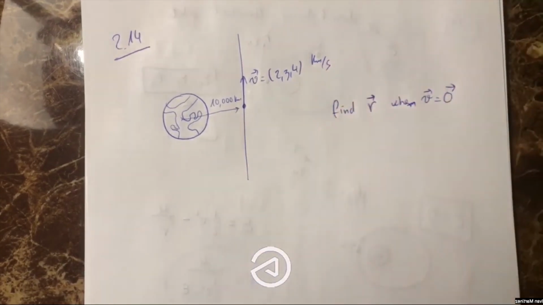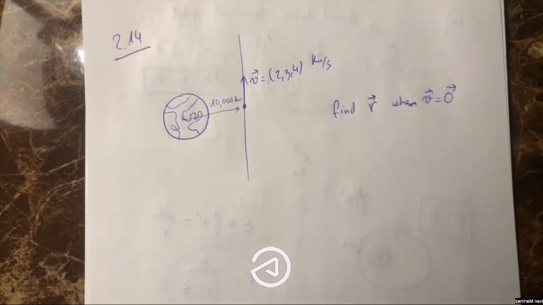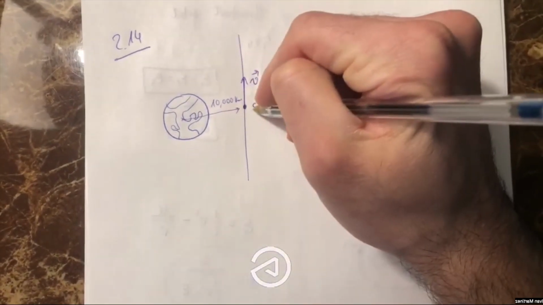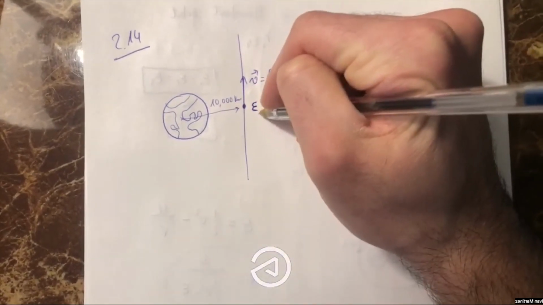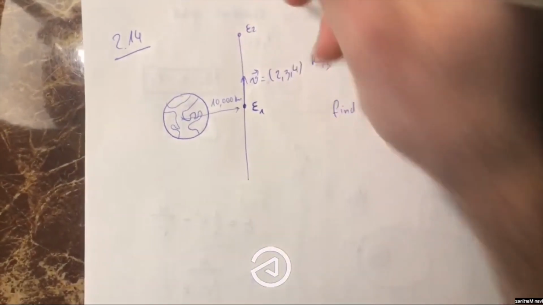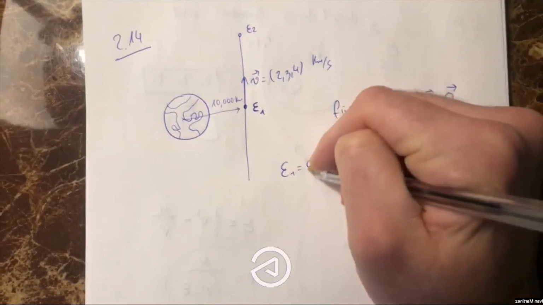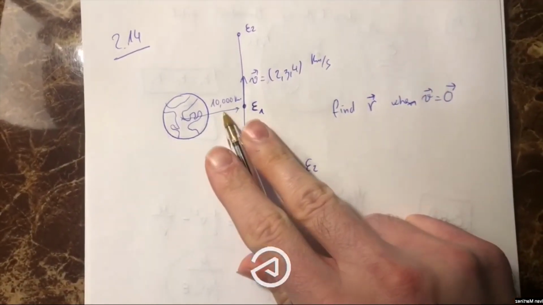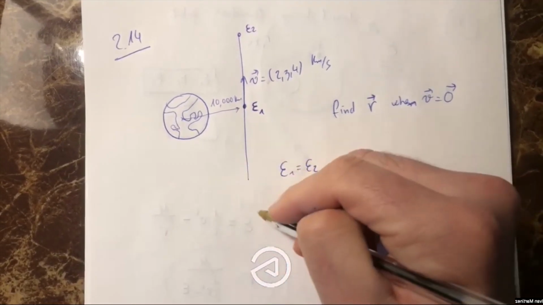What did I just say about the energy? If there's no thrust, the energy in this point, point 1, is the same as the energy in this point. The energy in point 1, we can calculate because we have the position and we have the velocity. That's all we need.